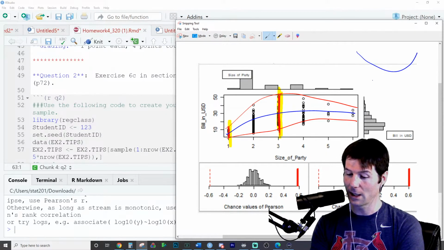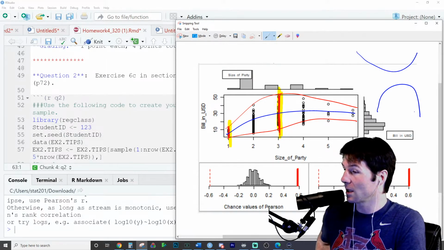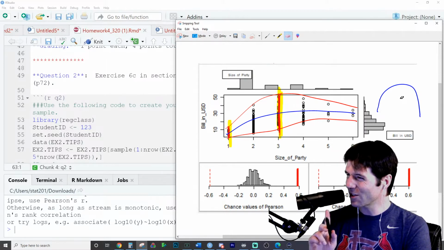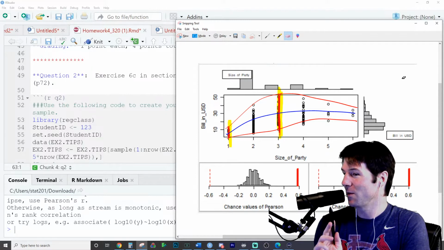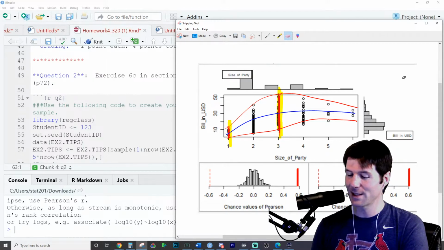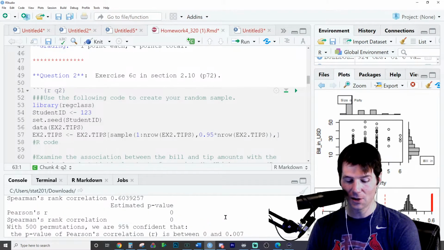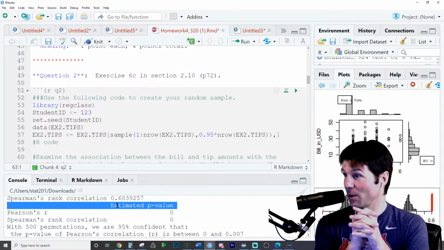Monotonic, non-monotonic. I want to do associative function for one of the questions I get. Cannot compute exact because of ties. That actually gets into, and that's such a great thing right there. It's saying it can't get the exact p-value, but it will give you an estimated p-value still. So if you get that, you can still get the estimated p-value, but it can't give you an exact p-value.